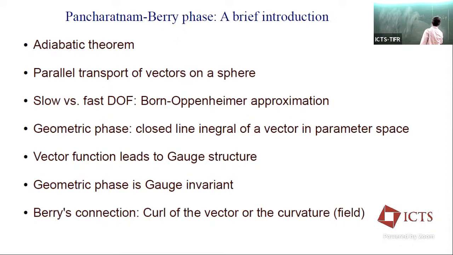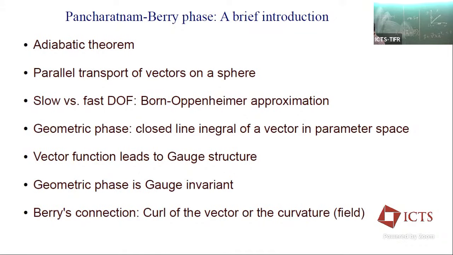You know that if you add the gradient of any scalar function, then the magnetic field will remain the same. Magnetic field is equal to curl of A. What is the curl of a gradient of a scalar? Will it vanish or will it not vanish?